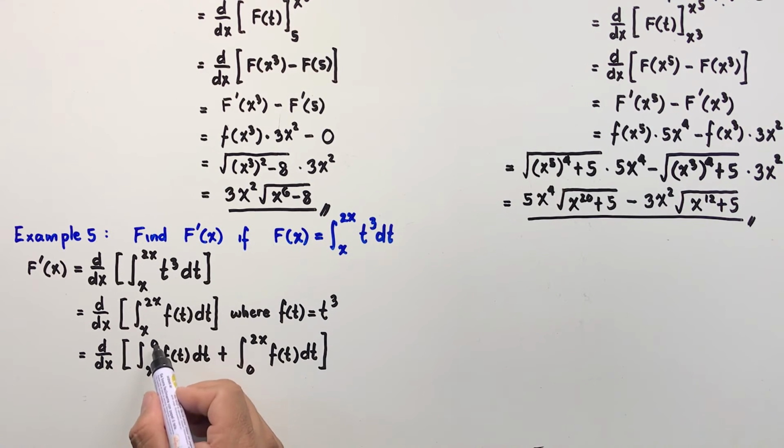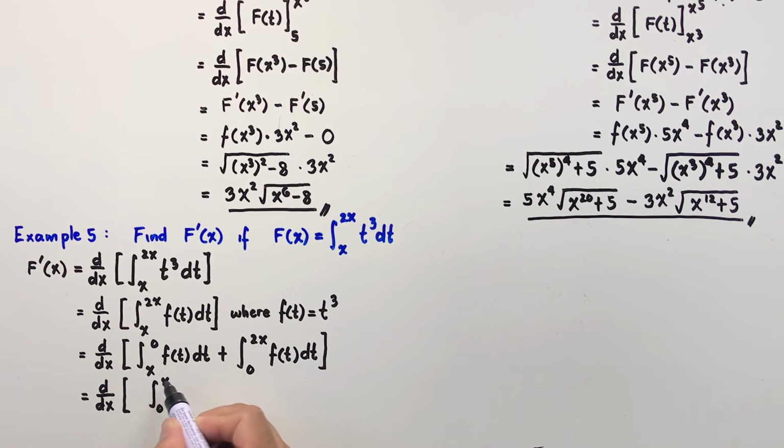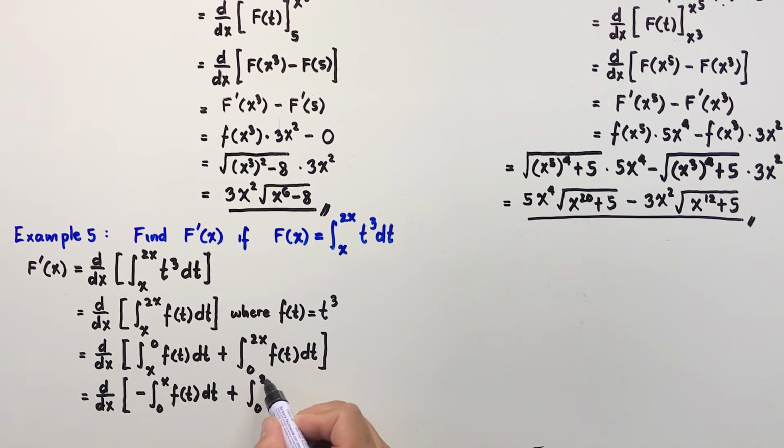And reversing these two limits here so that our variable should be at the upper limit and the constant is at the lower limit, we have the derivative with respect to x of the integral from 0 to x, but since we reverse the order, we place a negative sign in front of the integral symbol. So this is added to the integral from 0 to 2x of the small f of t dt here.